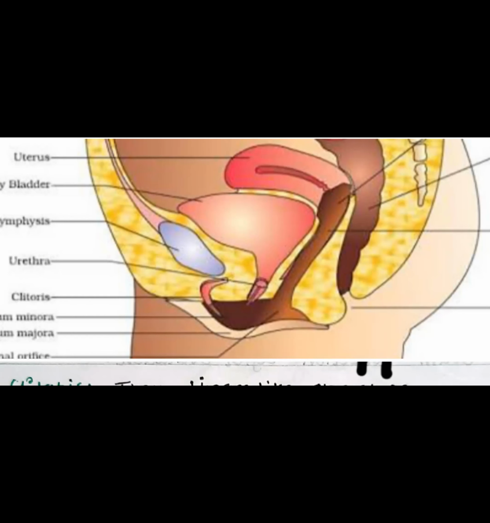Obviously, the size is too small, and it is for sexual excitement, nothing else. A delicate membrane partially covering the vaginal opening is termed the hymen, and because of different types of physical actions, it can be ruptured.